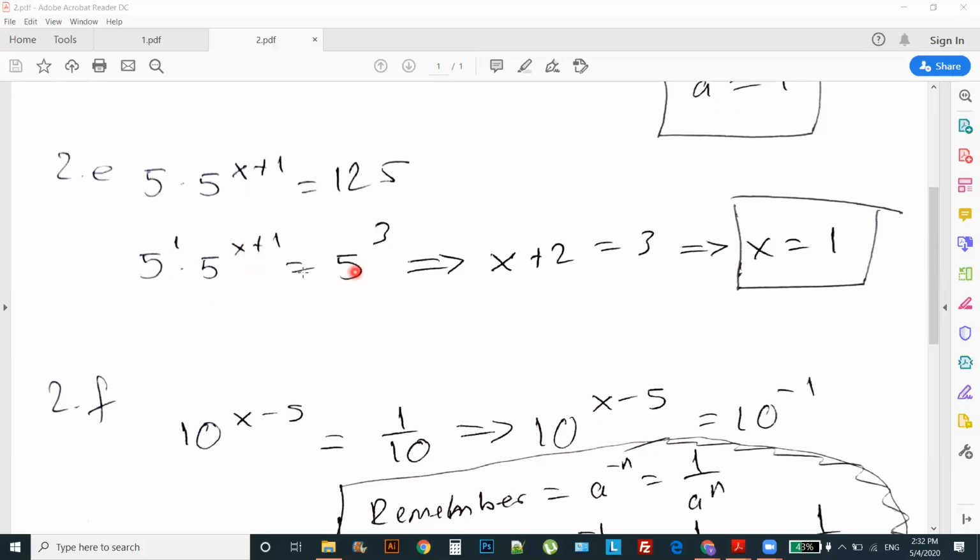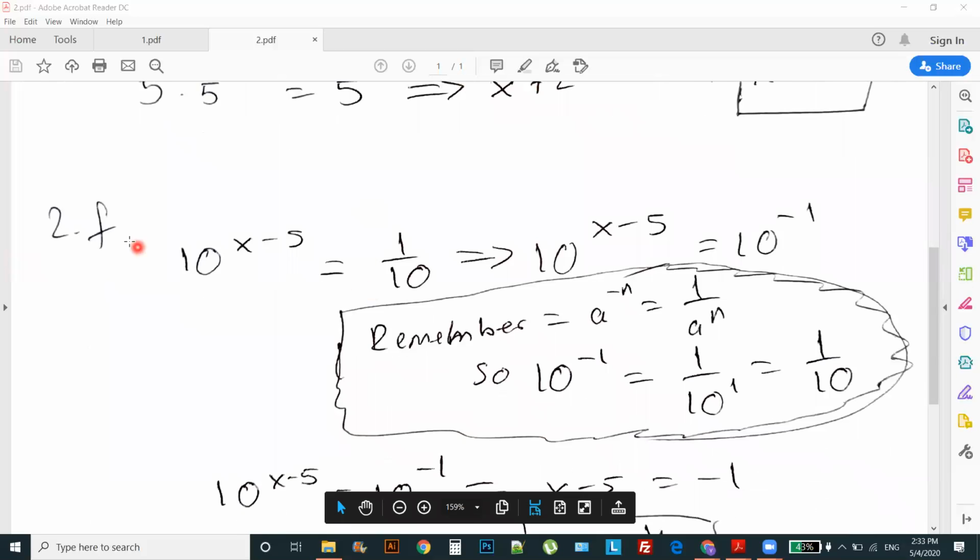Now I have the same bases for all of these terms, so I'm going to work with the powers. 1 plus x plus 1 will be x plus 2, equals 3. Then x equals 3 minus 2, which is 1. So x is going to be 1.